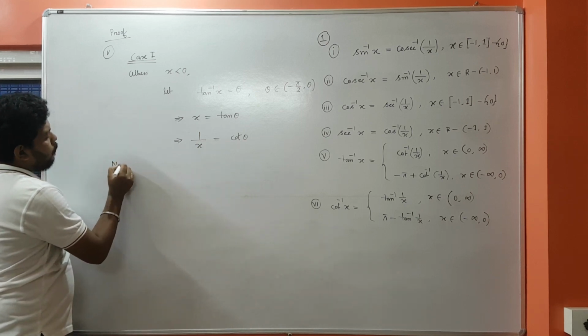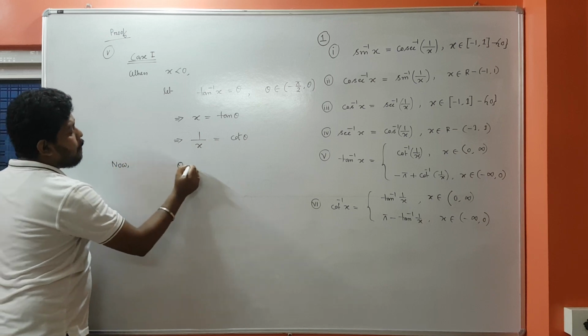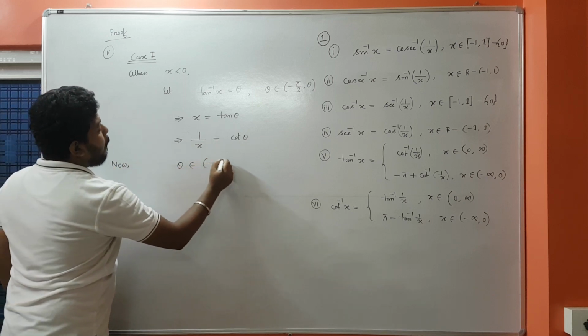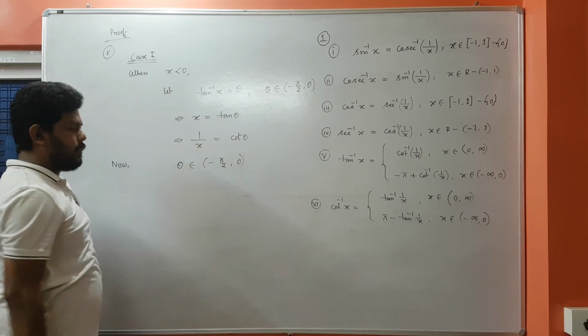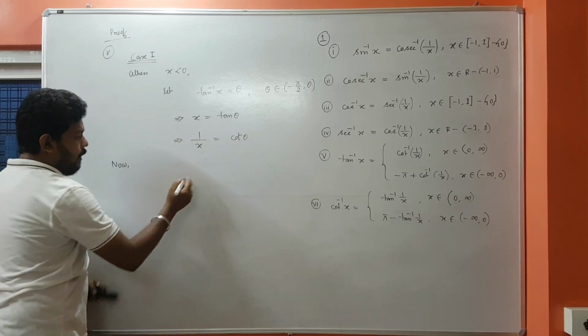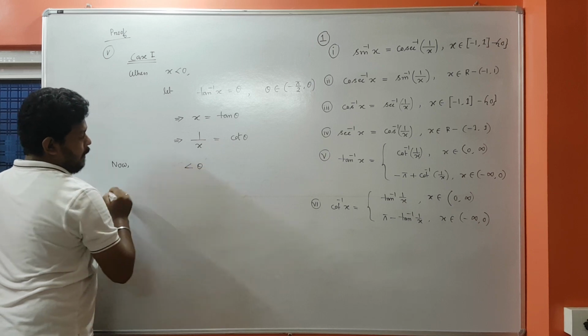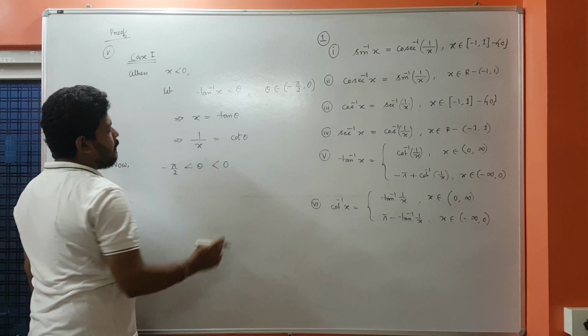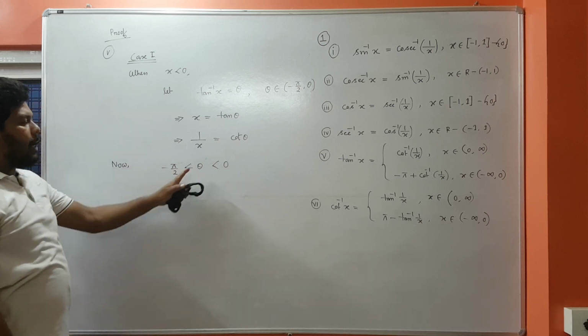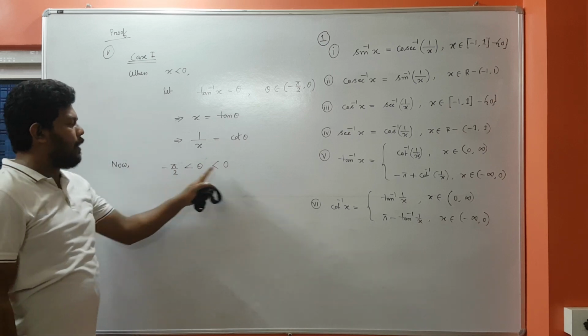We know theta belongs to the interval minus pi by 2 comma 0. That means I can write theta is greater than minus pi by 2 but less than 0, theta lying between minus pi by 2 and 0.